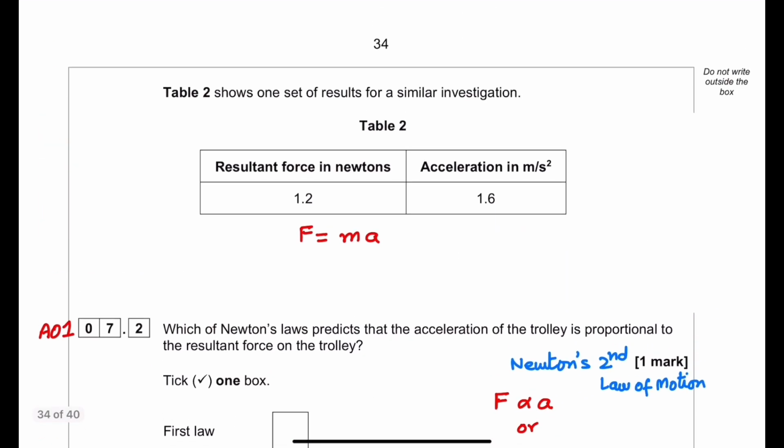In table number 2, we can see if the force is 1.2 Newton, the acceleration produced is 1.6 meter per second square. But we don't know what the acceleration is when the force is 3.6 Newton.